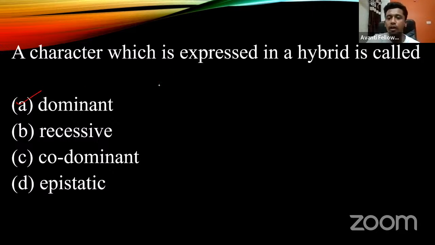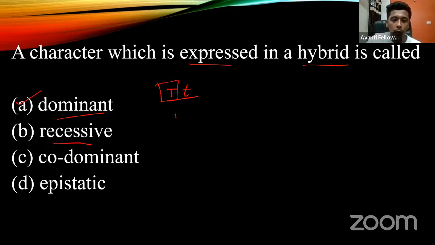So let us see what our question says. The character which is expressed in a hybrid, obviously a hybrid has a capital T and a small t. So whenever we have a hybrid, which character was expressed? The capital T character was expressed, right? So the expression happens in the dominant condition, which is right in your option.